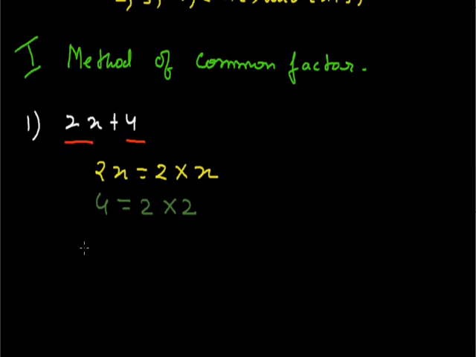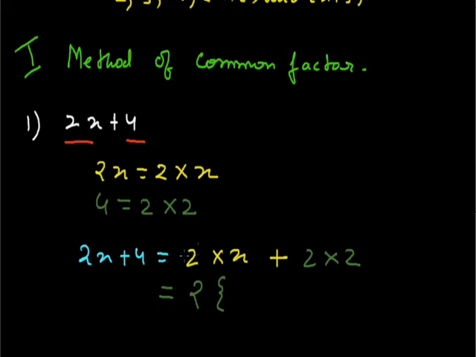Thus we can write 2x plus 4 as 2 into x plus 2 into 2. Here we can see that 2 is a factor of both 2x and 4. So we can take it as common.